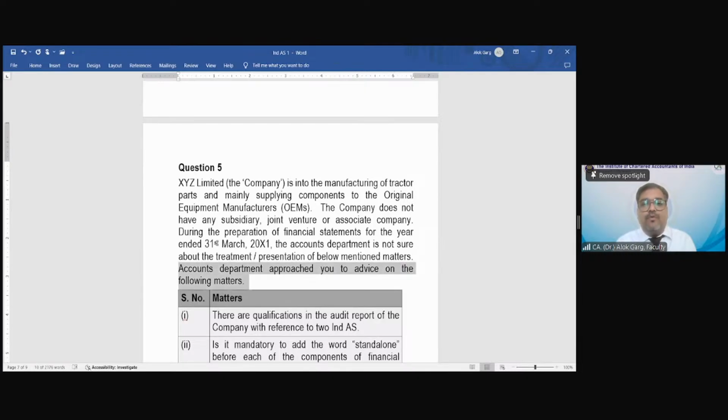The accounts department approached you to advise on the following matters, right? So this company is into manufacturing and does not have any subsidiary, joint venture, associate. During the preparation of the financial statement, the accounts department is not sure about some treatment and they need your advice considering you are the expert on Ind AS.